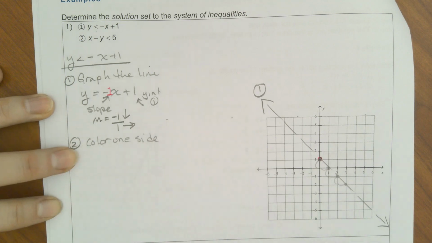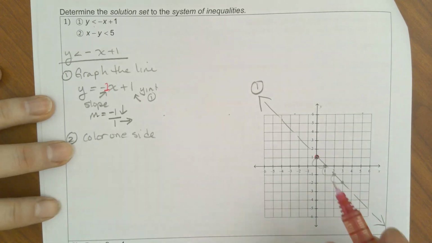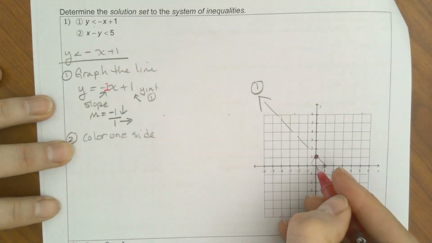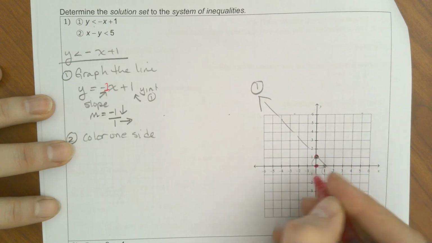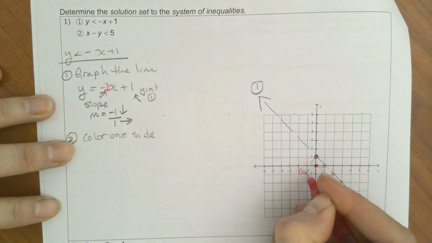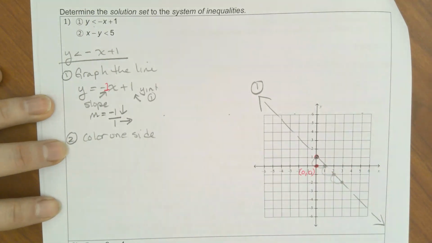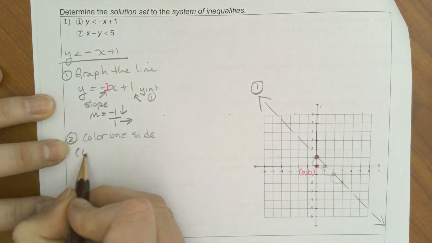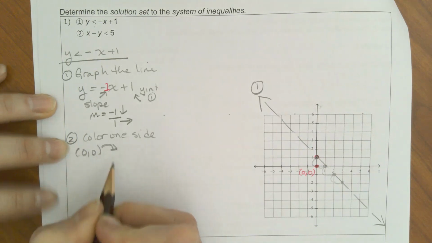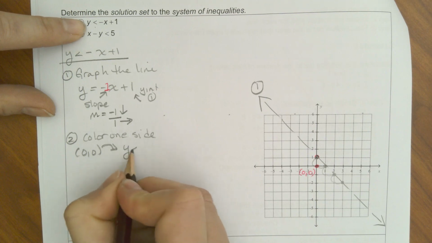What I'm going to do is take any point from the graph that's not on the boundary line and substitute it into the inequality to see if it's true or false. I like to take the easiest point, which is 0, 0. So I'm going to substitute 0, 0 into our inequality.